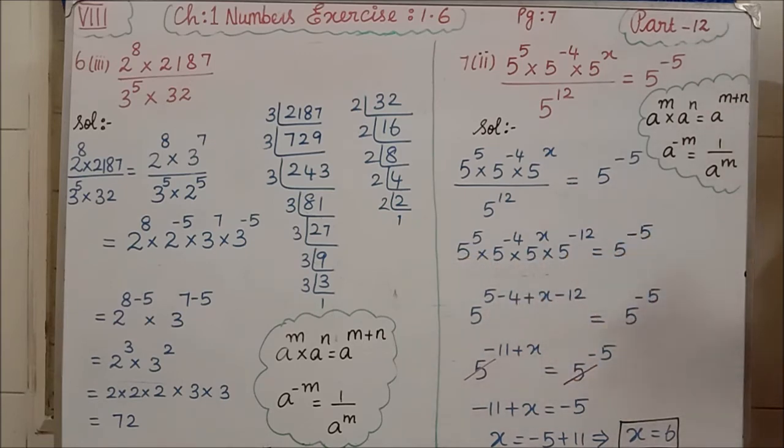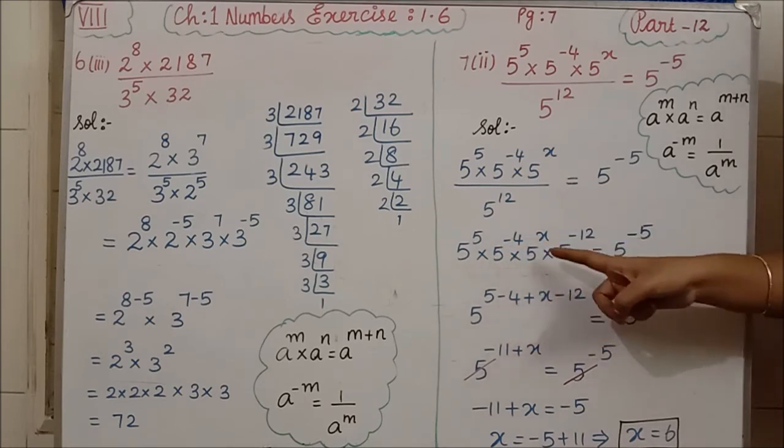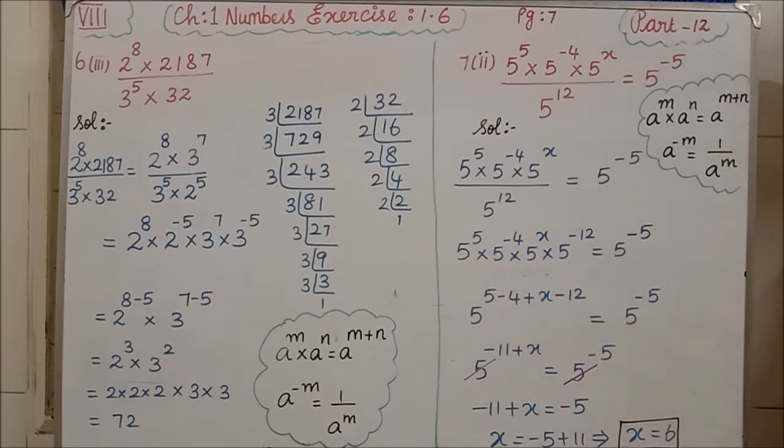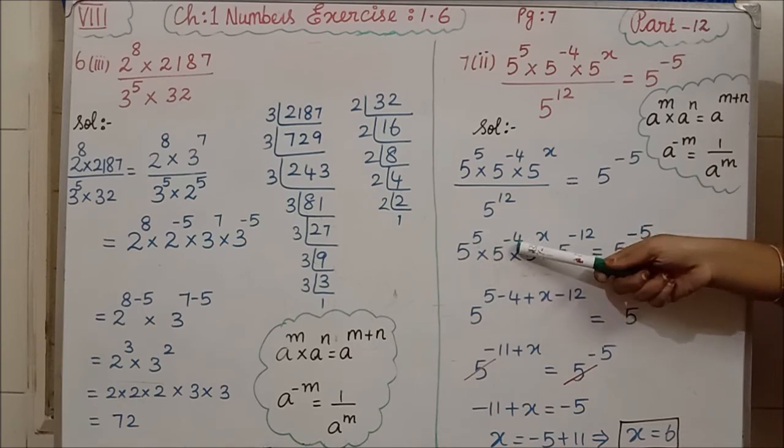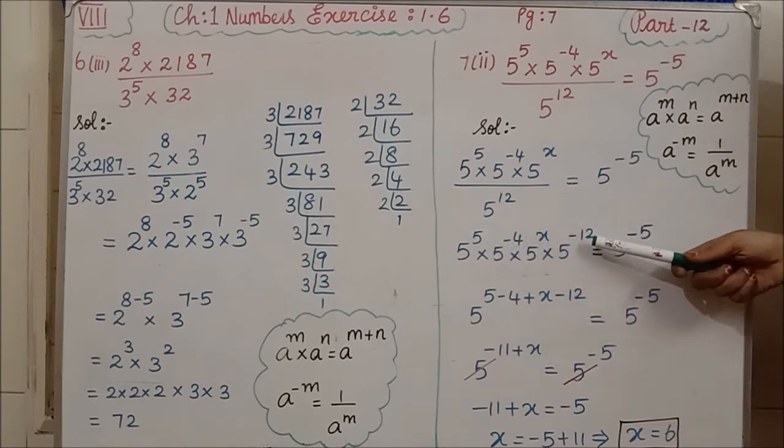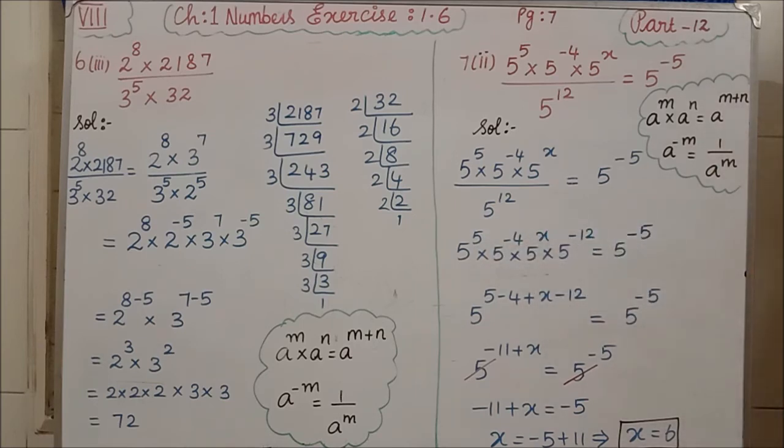Everywhere we are having 5. All the bases are 5. So what can we do now? We can just add the powers. So I am writing 5 minus 4 plus x minus 12. Clear all of you? Is equal to 5 power minus 5.